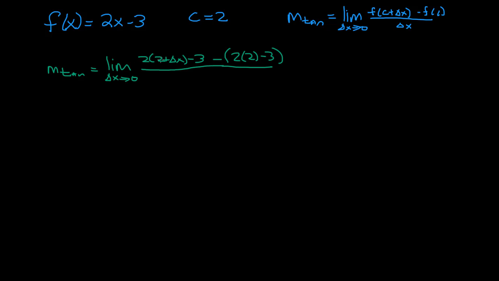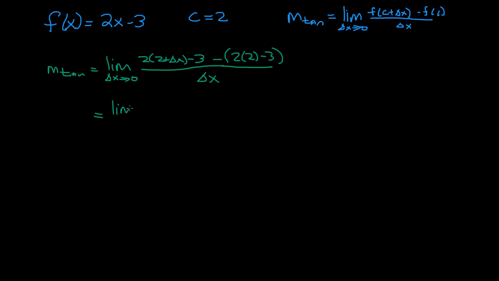Okay, now we have f of c plus delta x minus f of c over delta x. Now we want to find this limit, but can we use direct substitution right now? Well, I don't think so. If we try to use direct substitution to evaluate this limit, we'll produce a 0 in the denominator, which is not good. We can't do that, so we need to do some rearranging first.